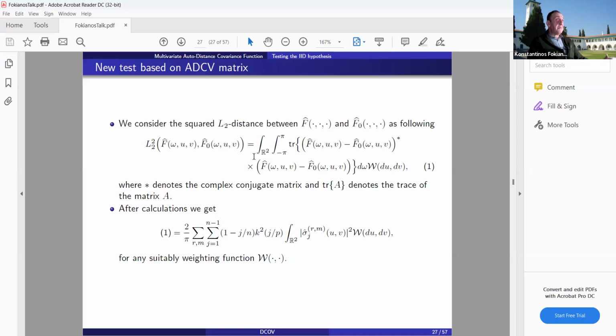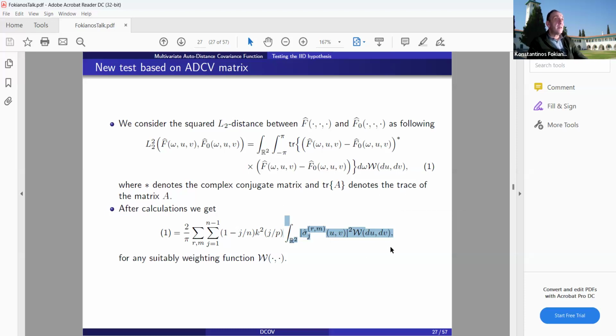So it's just the usual L2 distance. And when you do this calculation, it becomes exactly this thing, okay? So you see, this is exactly the auto distance covariance. So choosing W gives you a range of alternative tools for testing the IID hypothesis.